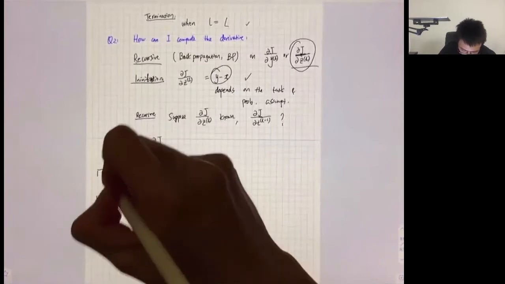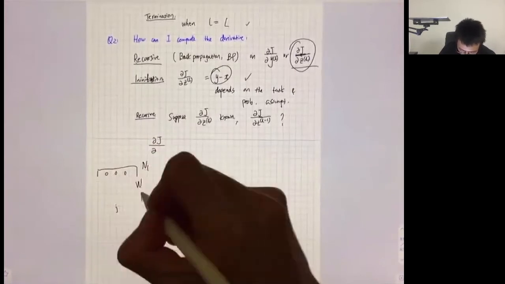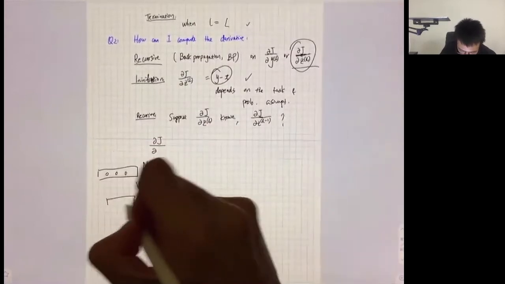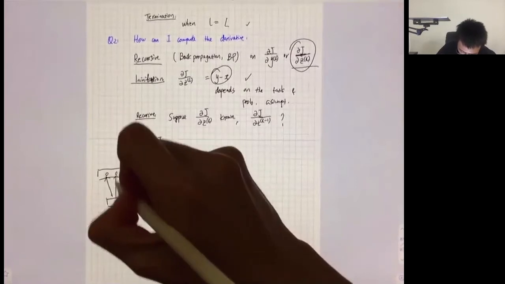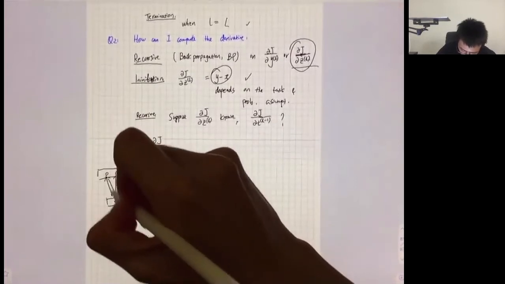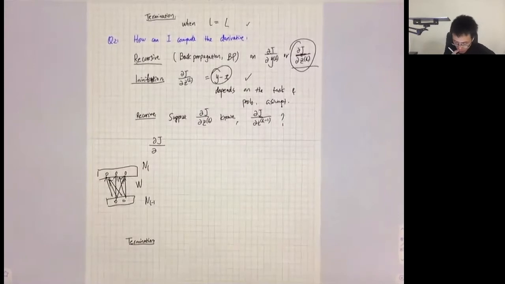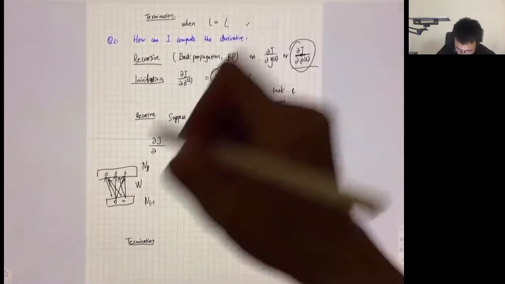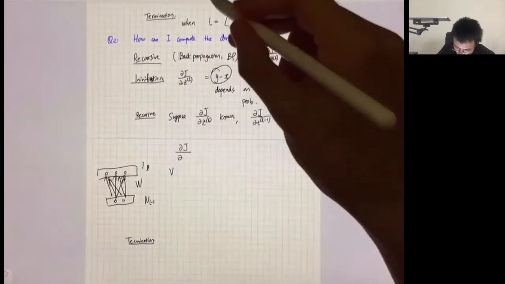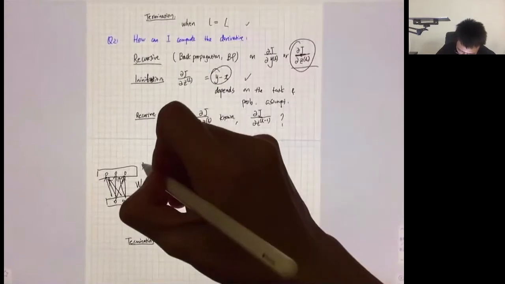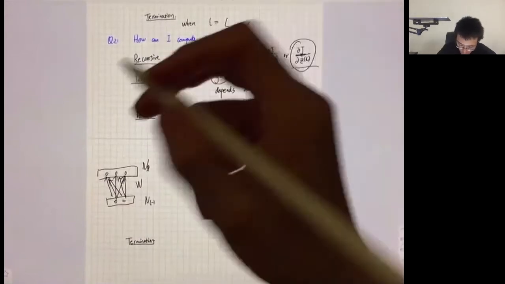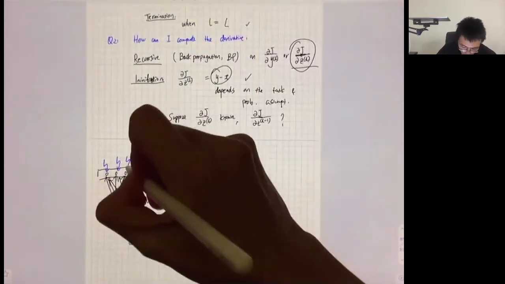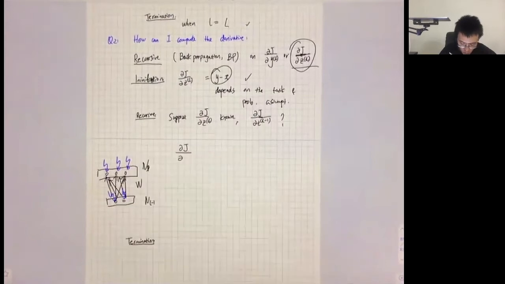I only need a few nodes to illustrate the process, so I can redraw a diagram. So the assumption is the partial derivative with respect to these nodes is known, and how can I compute the partial derivative of these nodes, okay?